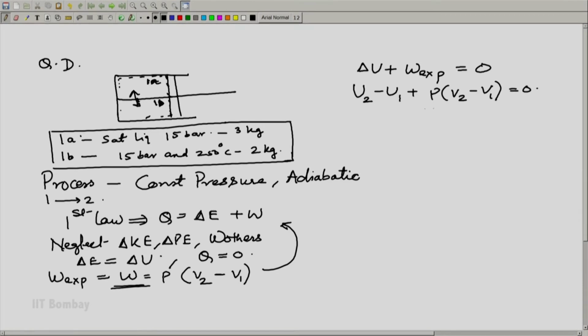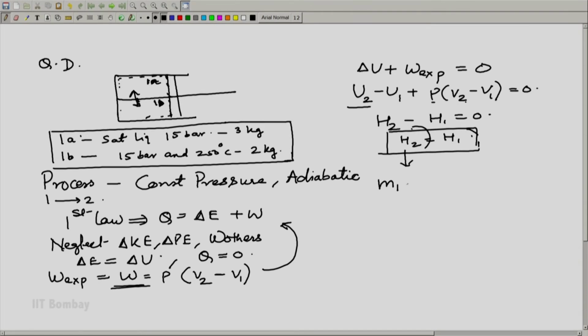It means that if I club U2 and PV2, which is nothing but H2, minus H1 is equal to 0, or I say that H2 is equal to H1 in that case. The enthalpy at state 2 is equal to enthalpy at state 1. Let us now see what is enthalpy at state 2. The enthalpy at state 2 is equal to the total mass of M1A and M1B together and the corresponding specific enthalpy at state 2.